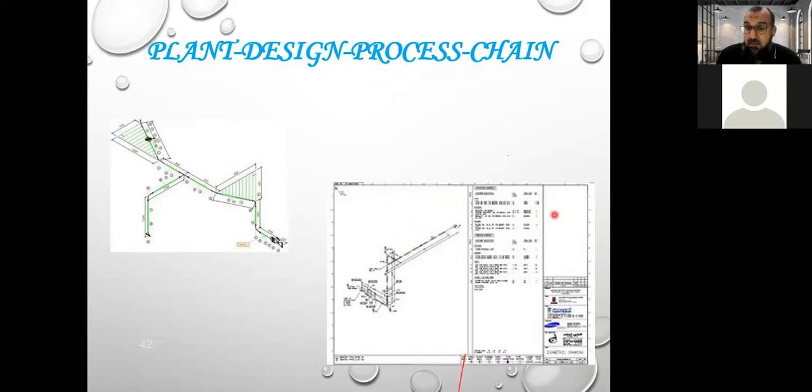It will extract a drawing like this, and this drawing will be given to the fabricator. He will fabricate the pipe, and then he will give it to the contractor to start to construct this pipe in the real condition. It will be real.